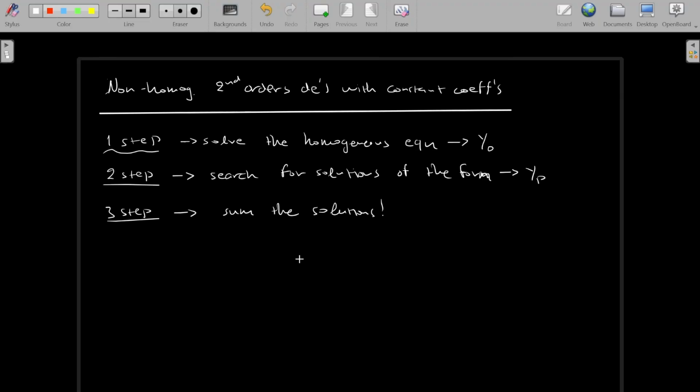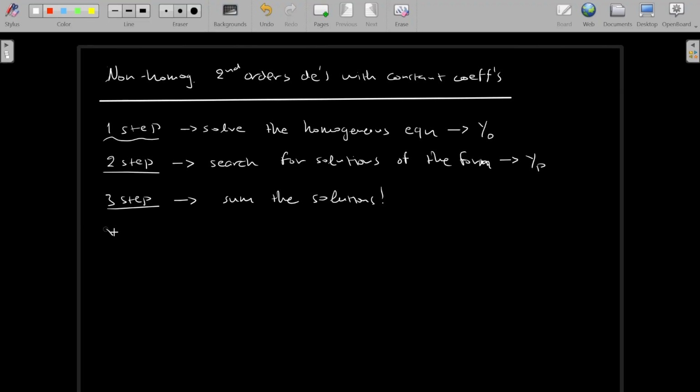This is the most general solution for, let's say, a second order differential equation with constants a, b, c: a y double prime plus b y prime plus c y is equal to a function of x.